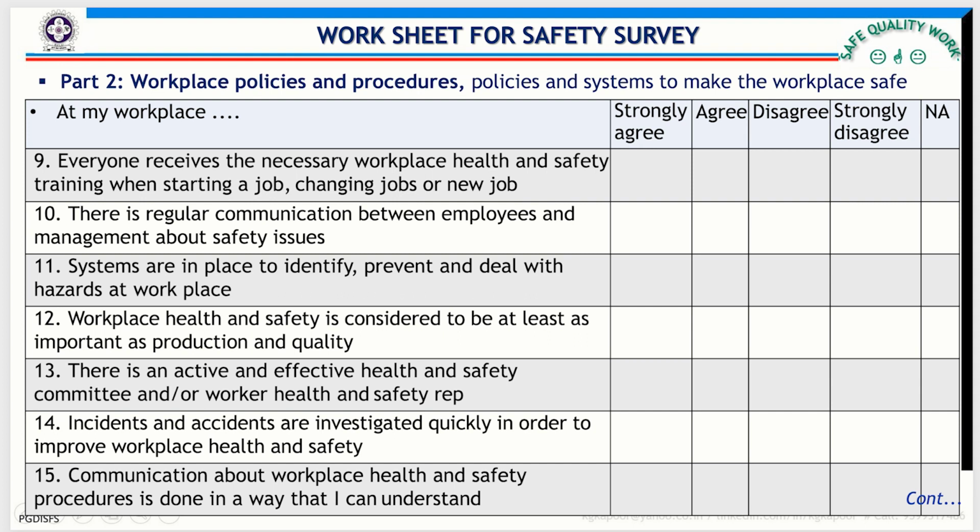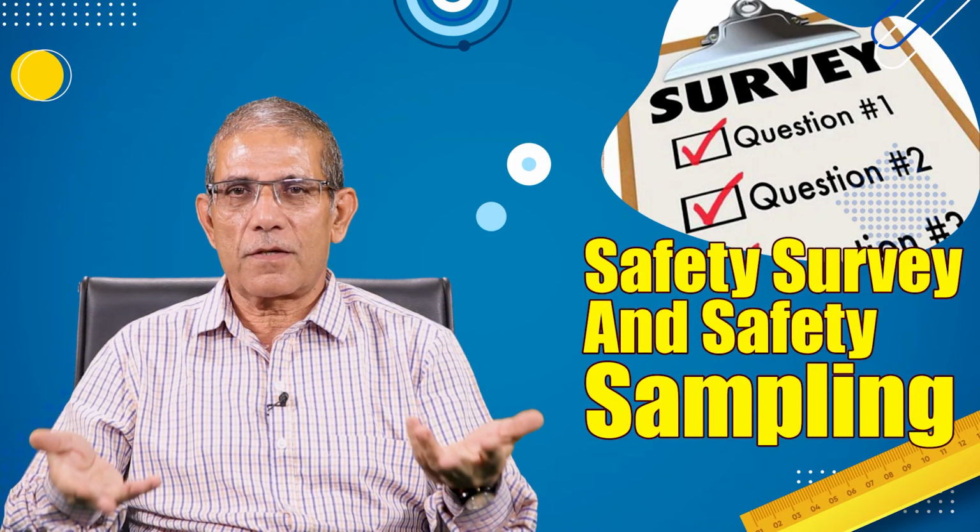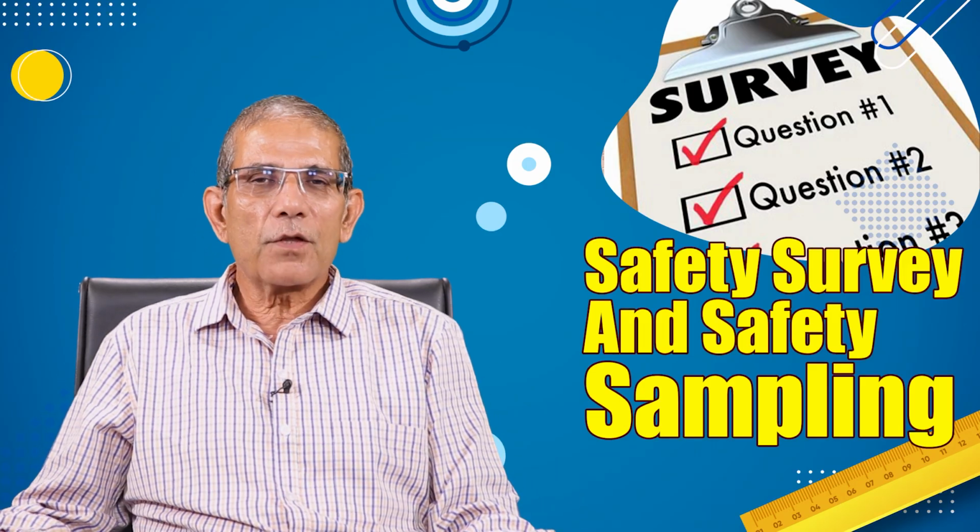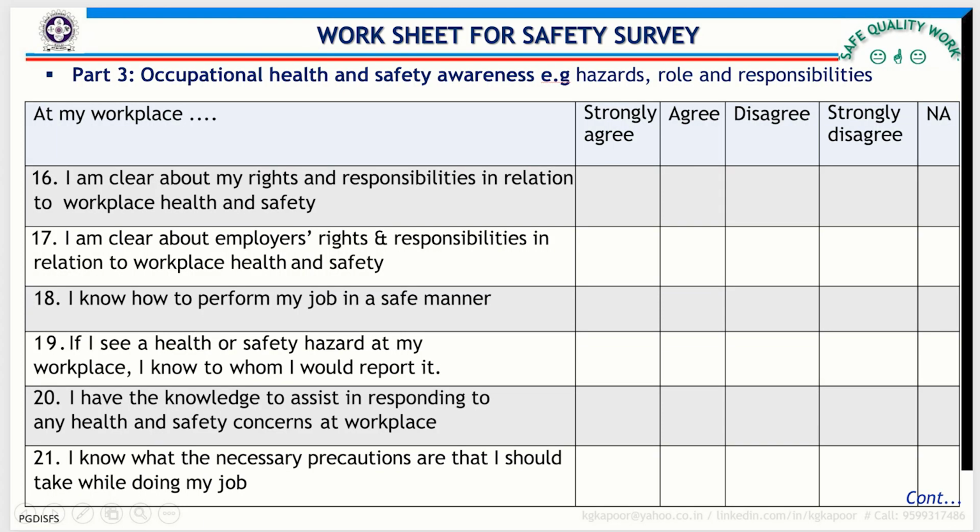Similarly, there may be a question: at my workplace communication about workplace health and safety procedures is done in a way that I can understand. You may answer strongly agree, agree, disagree, strongly disagree or not applicable. Give the best answer.